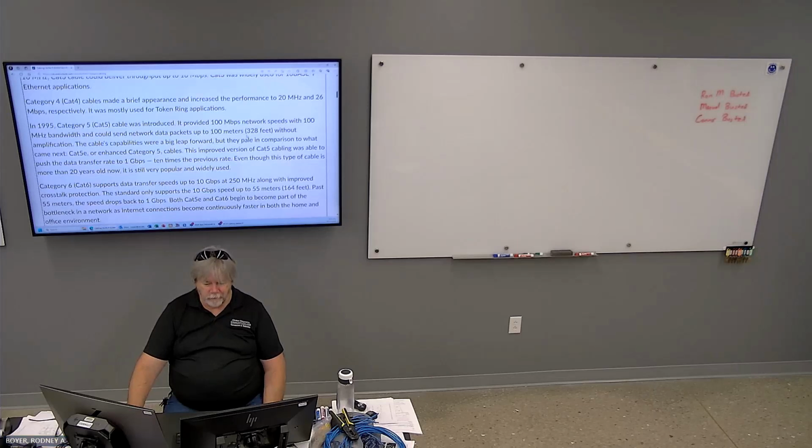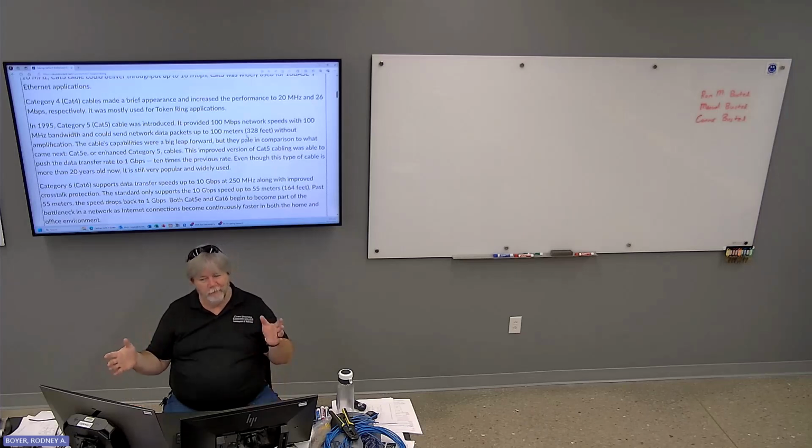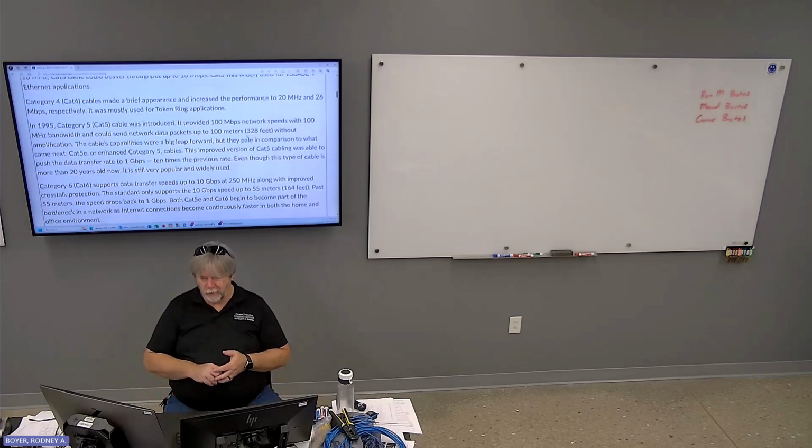If you need to run farther than 100 meters, you can, as long as you're not very much farther, 105 maybe, but if you get much farther than 100 meters the signal degradation goes up so much that it makes the error rate too high.